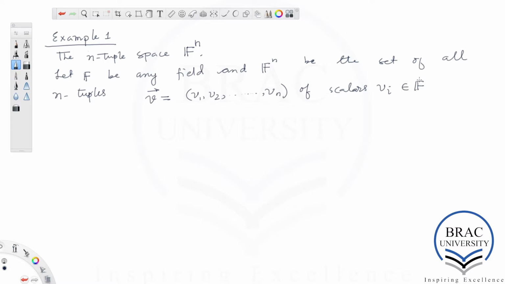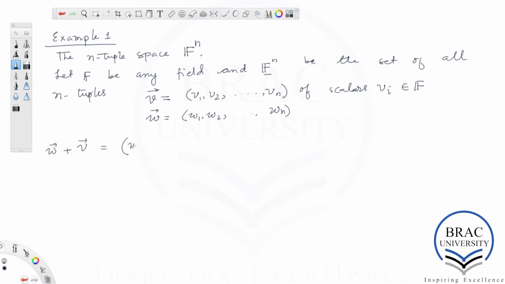Now I have to define vector addition and scalar multiplication in this set F to the n. Okay, so if I have another n tuple w having n components, w1, w2 all the way up to wn, then the addition between these two n tuples is defined as the addition component wise.